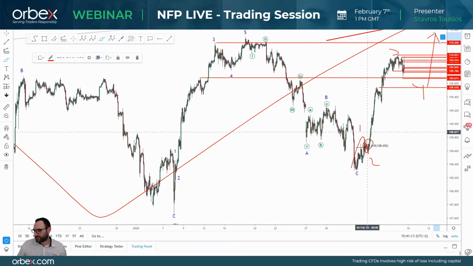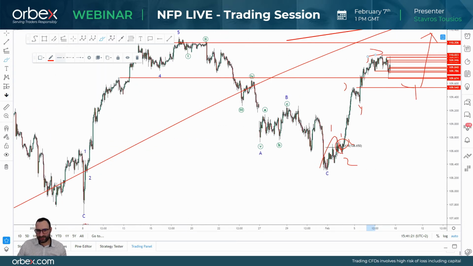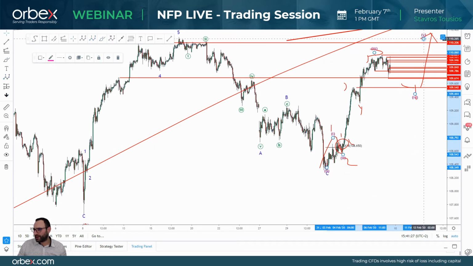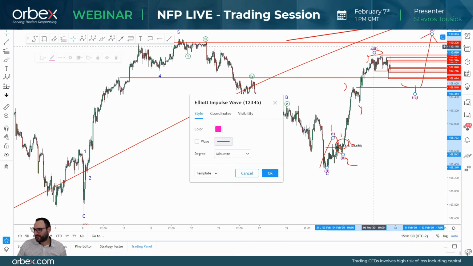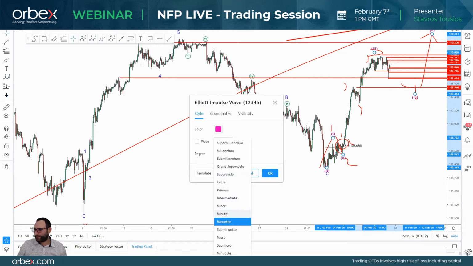Now that also suggests that within that move, we have a smaller degree move, which is 1, 2, 3, 4, and 5. Let me actually just use those quickly, right? 1, 2, 3, 4, and 5. Let's make that minute.